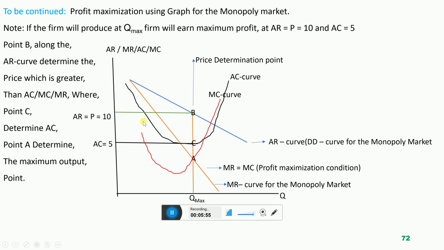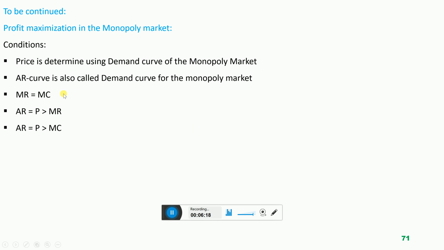This black U-shaped curve is the average cost curve. This black curve represents cost per unit of output produced or manufactured, and this red U-shaped curve is called the marginal cost curve.